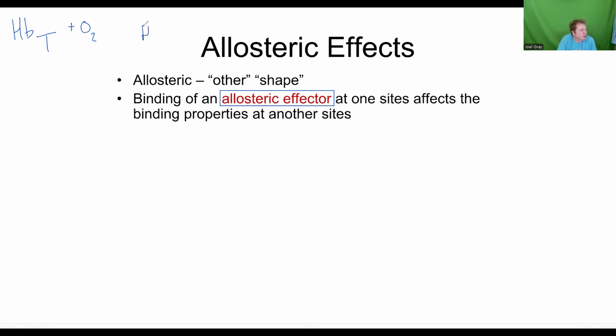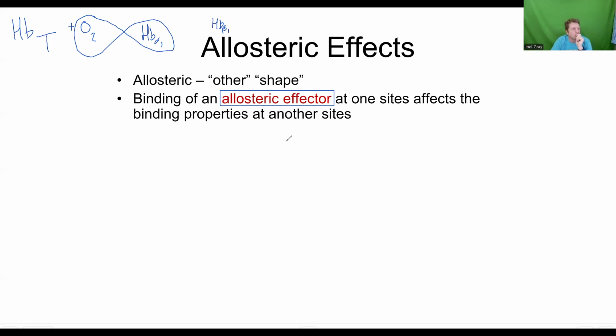I'll go with Hb alpha 1. Let's imagine that that is our first oxygen binding site. If O2 binds to Hb alpha 1, would everyone agree that Hb, I'll just go with beta 1, then becomes more interested in binding O2? Great.